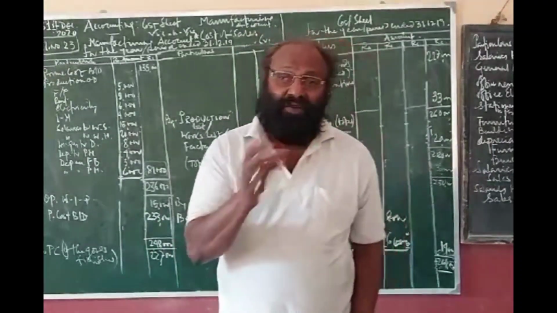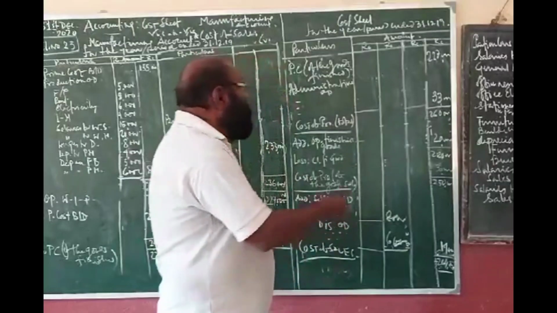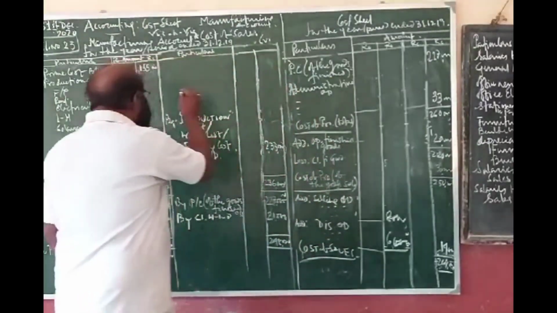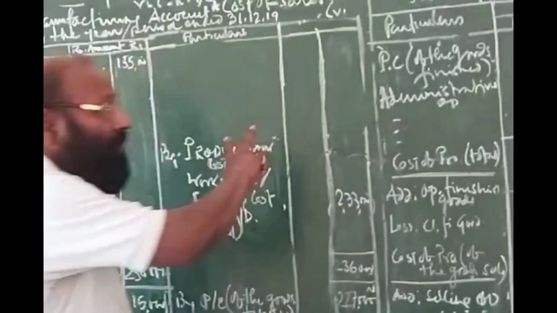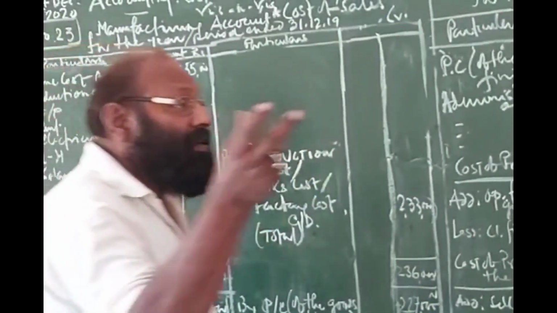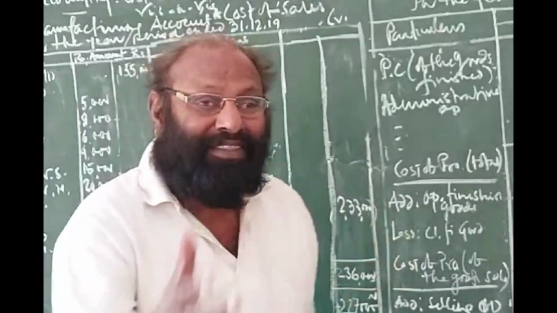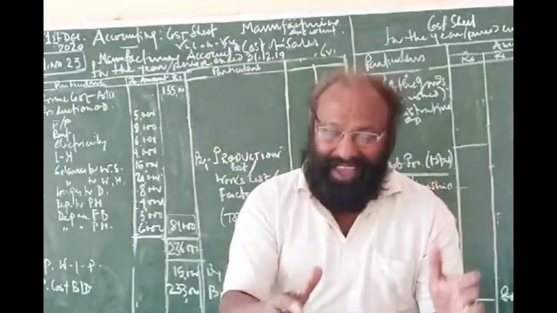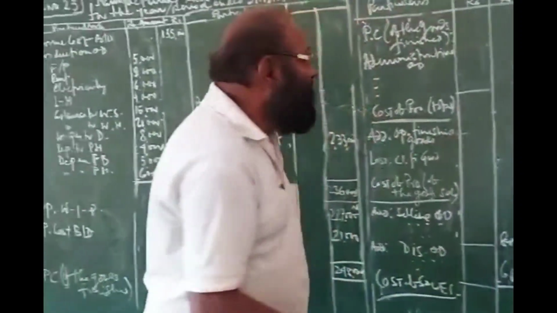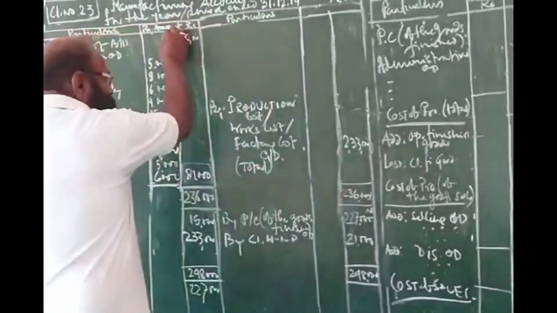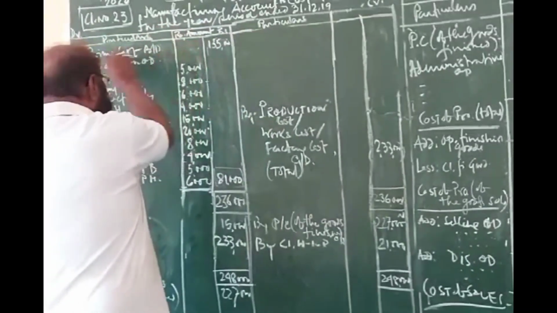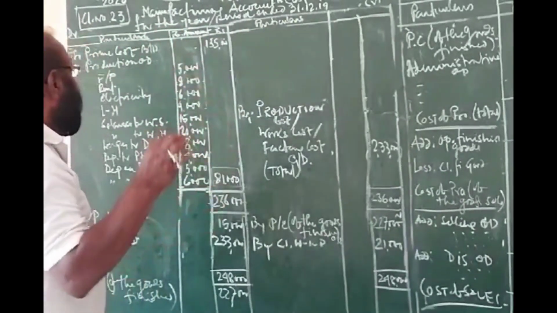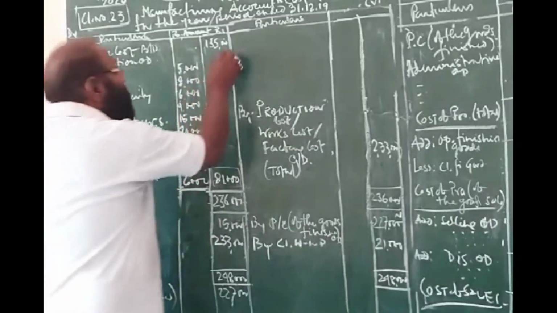That is raw material consumed, and it was done in both the cost sheet and the manufacturing account. Since the space is comparatively small for the volume of the topic, I wrapped some part, and to direct material we added direct labor and direct expenses, and thereby got prime cost.